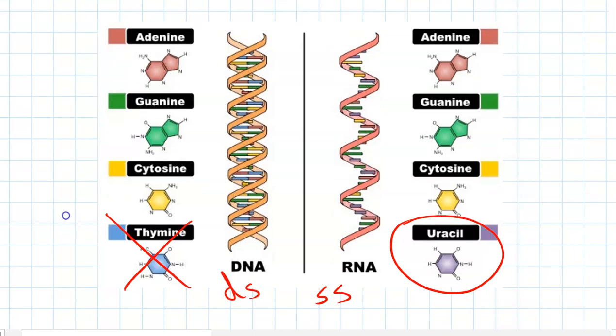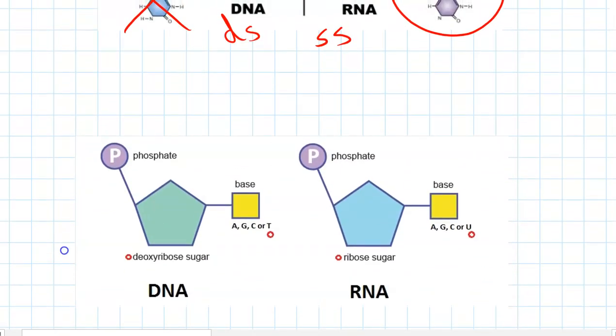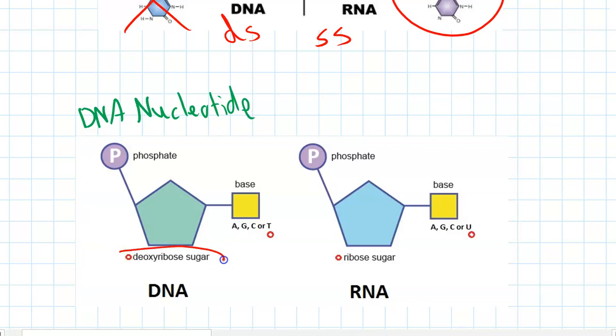And there's one more difference as well that we haven't talked about, and it's to do with the sugar that builds the nucleotides. So here is a DNA nucleotide. Remember, they're the building blocks. DNA nucleotides have deoxyribose sugar, but RNA molecules have ribose sugar.